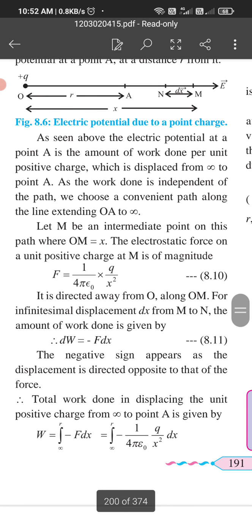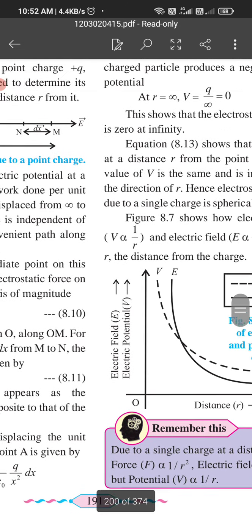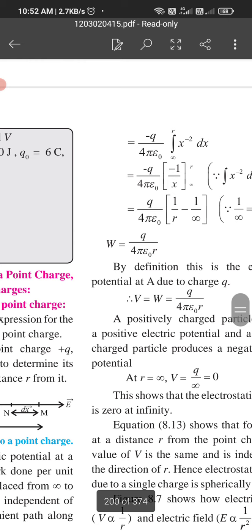So work done W is equal to integration from infinity to R of minus F dx, which is equal to integration from infinity to R of minus 1 upon 4 pi epsilon naught Q upon x square dx, equal to minus Q upon 4 pi epsilon naught integration from infinity to R of x raised to minus 2 dx.